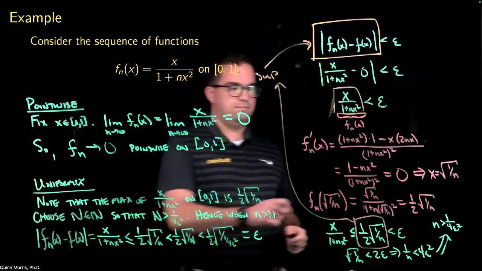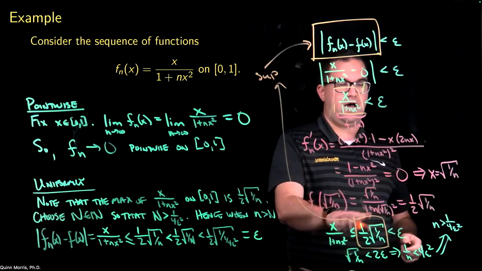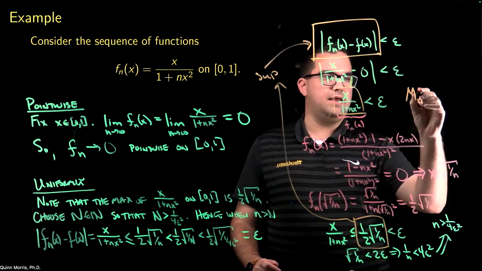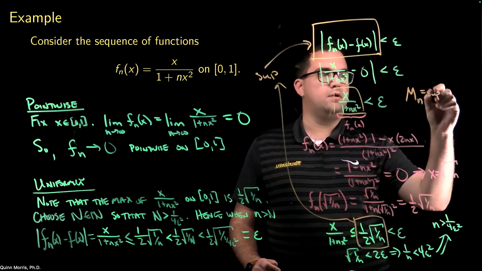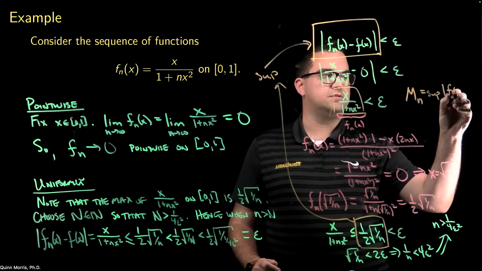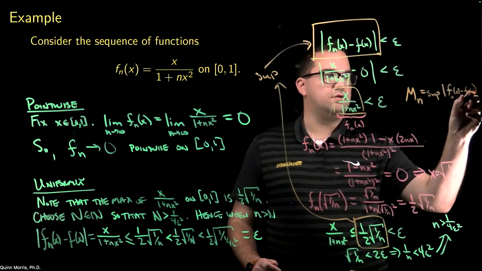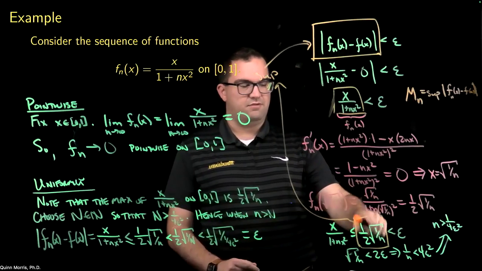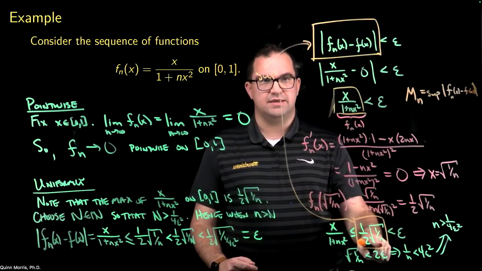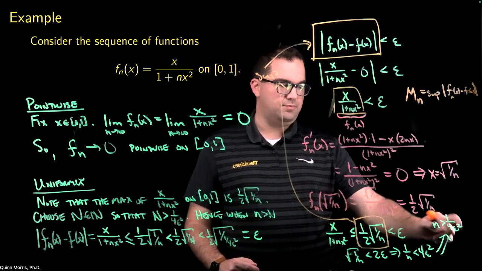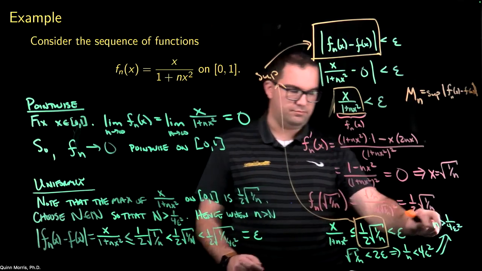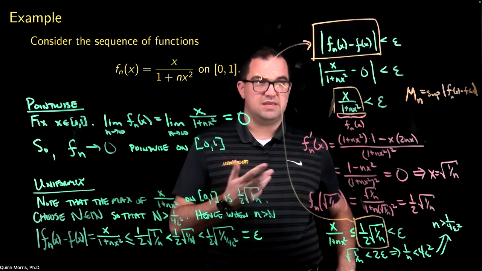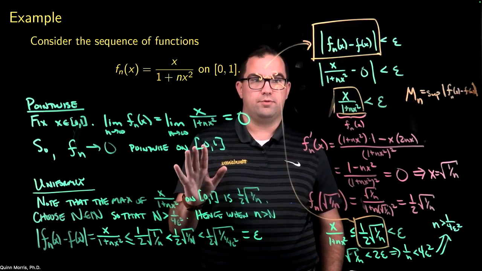Okay. So the important thing down here was actually to be able to find this value, M sub n, which was like the supremum of |f sub n of x minus f of x|. And given that I could find that value, and given the fact that this goes to 0 as n goes to infinity, if it didn't, I wouldn't be able to solve for capital N or for little n in this way. So given both of those things, I was able to make this proof work.